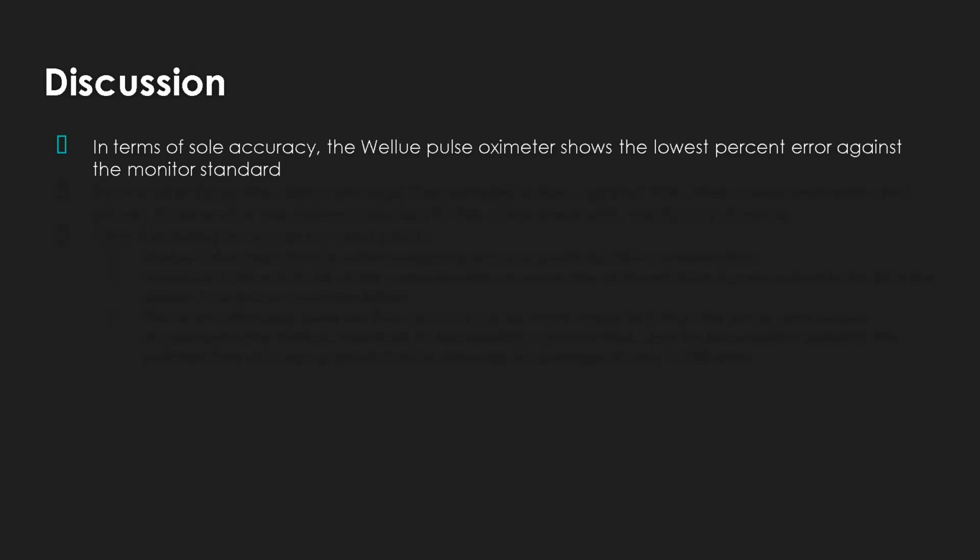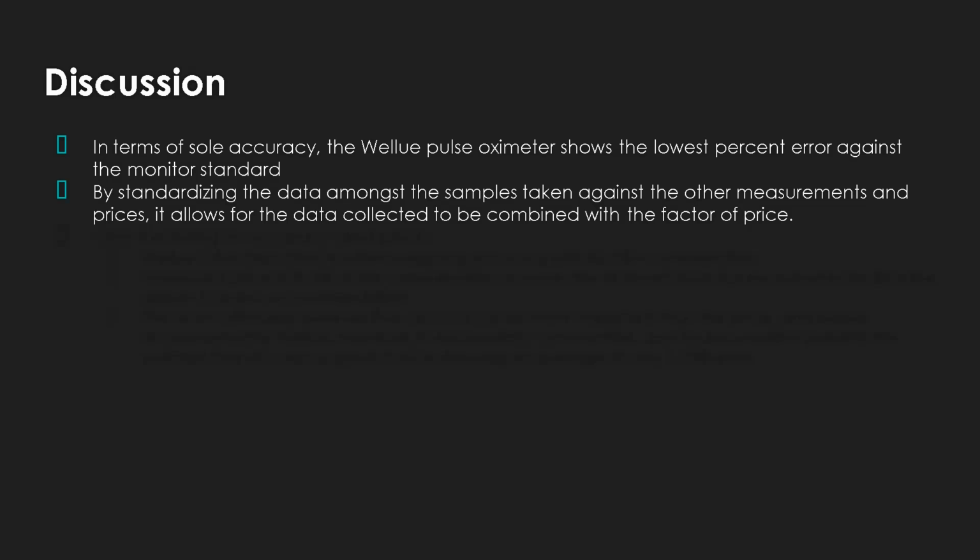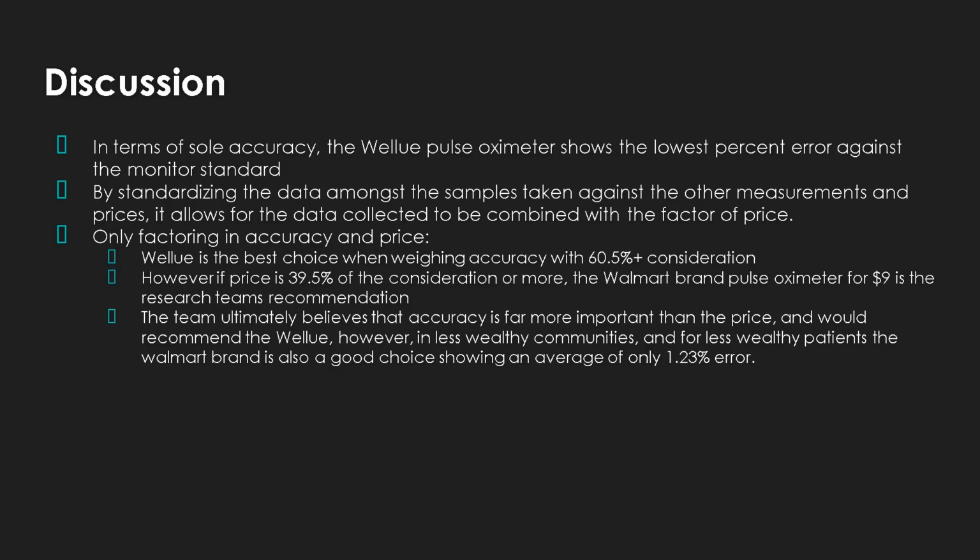Looking solely at accuracy, the WellU pulse oximeter showed the best results. In terms of percent error and standard deviation, it minimized both. When looking at the different recommendation scores, when you weigh accuracy with more than 60.5% of the consideration, it is an option that we would recommend.